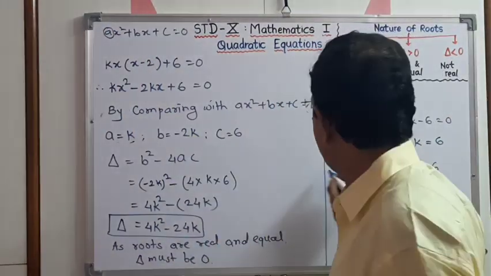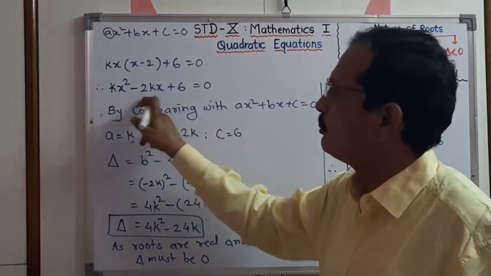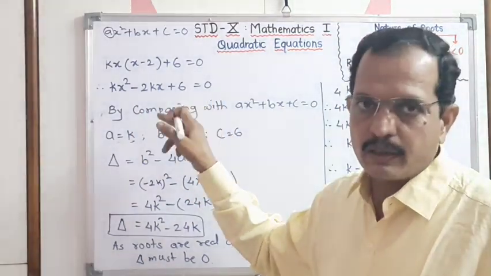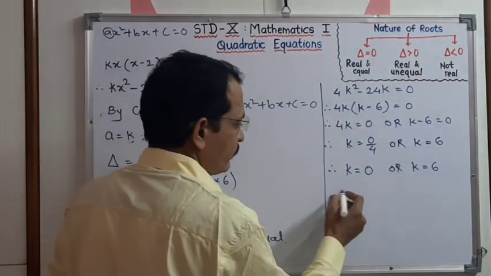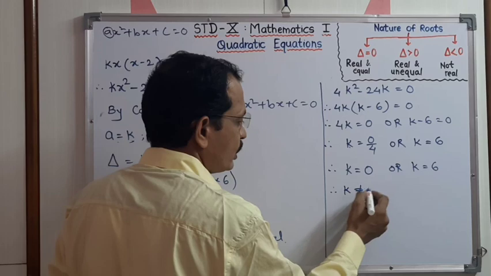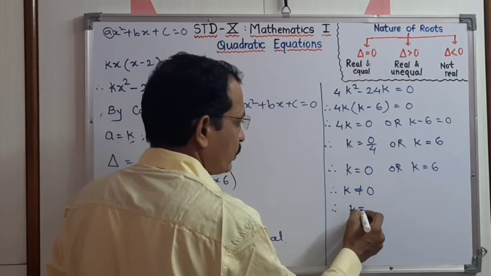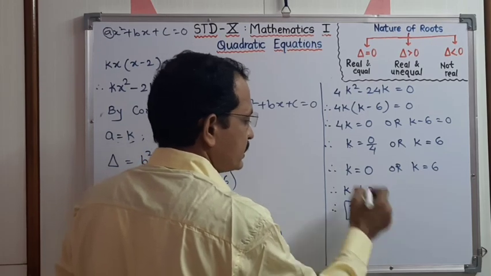Therefore, if we take k is equal to 0, then this will not remain a quadratic equation. Therefore, we do not take the value k is equal to 0. Therefore, here k is not equal to 0. Therefore, we have to write k is equal to 6.